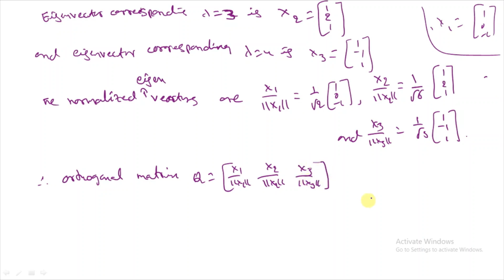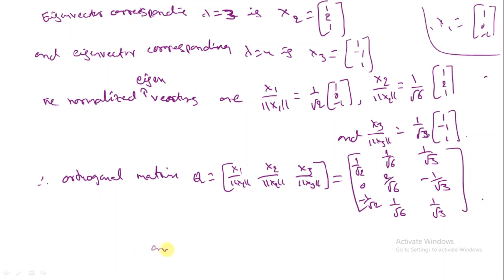Don't write commas. This is the orthogonal matrix: first row 1 by root 2, 1 by root 6, 1 by root 3; second row 0, 2 by root 6, minus 1 by root 3; third row minus 1 by root 2, 1 by root 6, 1 by root 3.